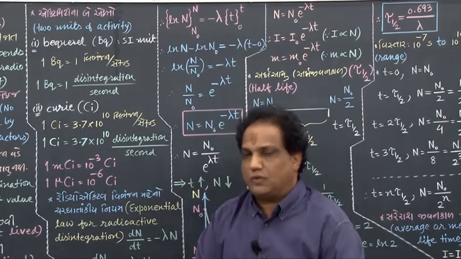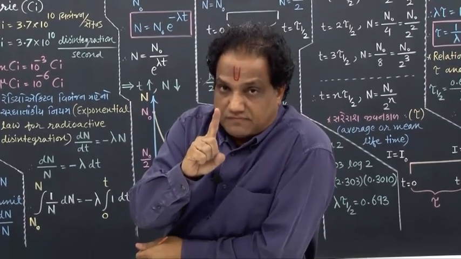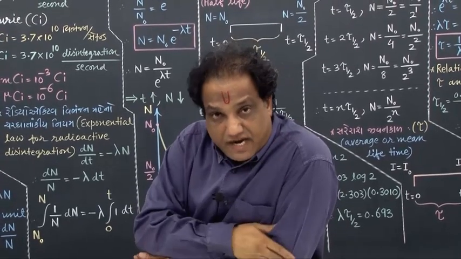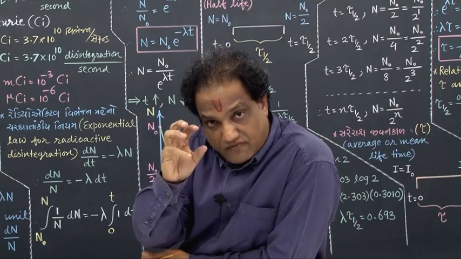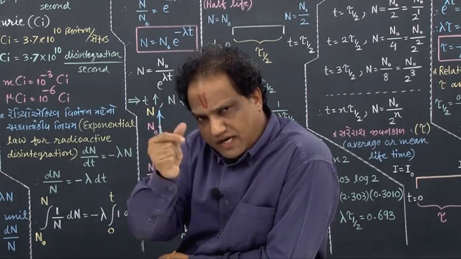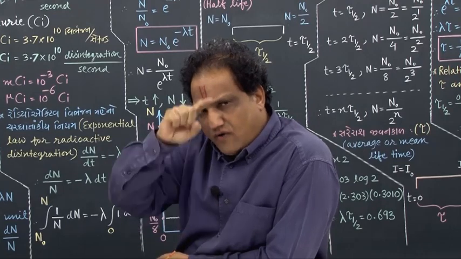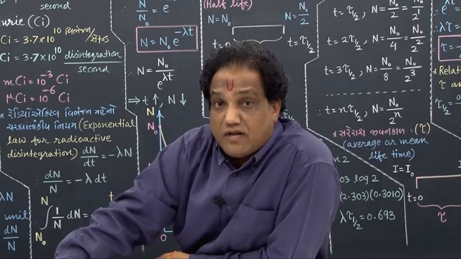Very simple. If one disintegration takes place in 1 second at a given instant of time in a given quantity of a given radioactive element, then the activity of that quantity of that radioactive element at that instant is said to be 1 Becquerel.